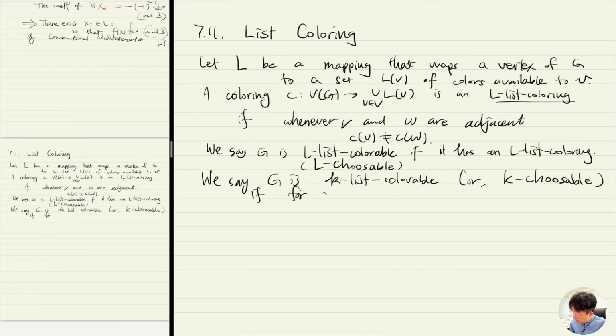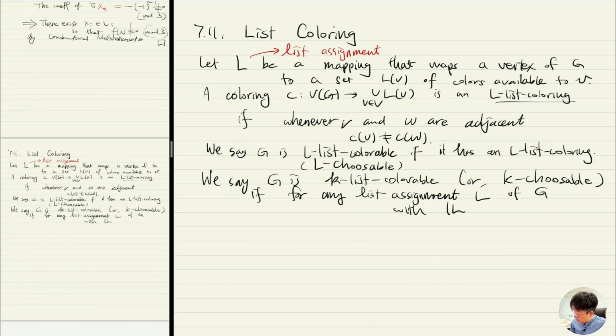if for any list assignment, this is called the list assignment, for any list assignment L of G with each vertex having a list of size k, G is L-list colorable.